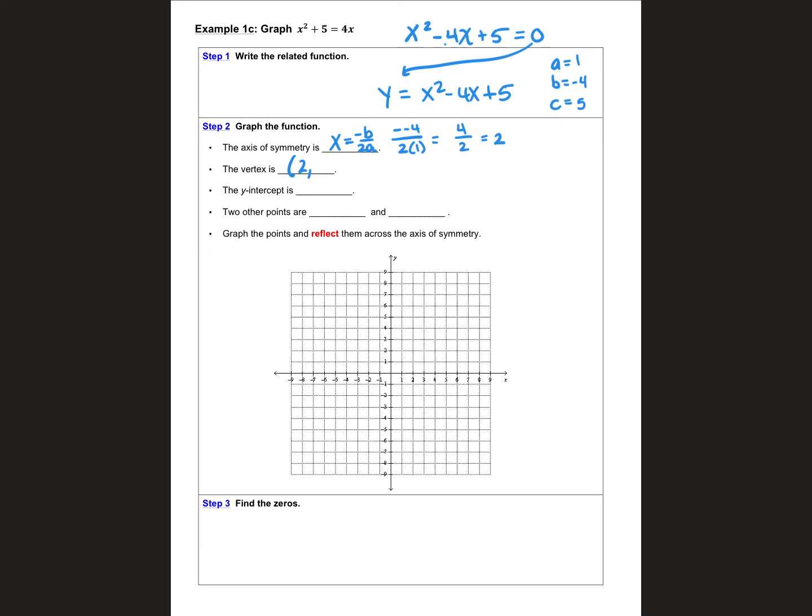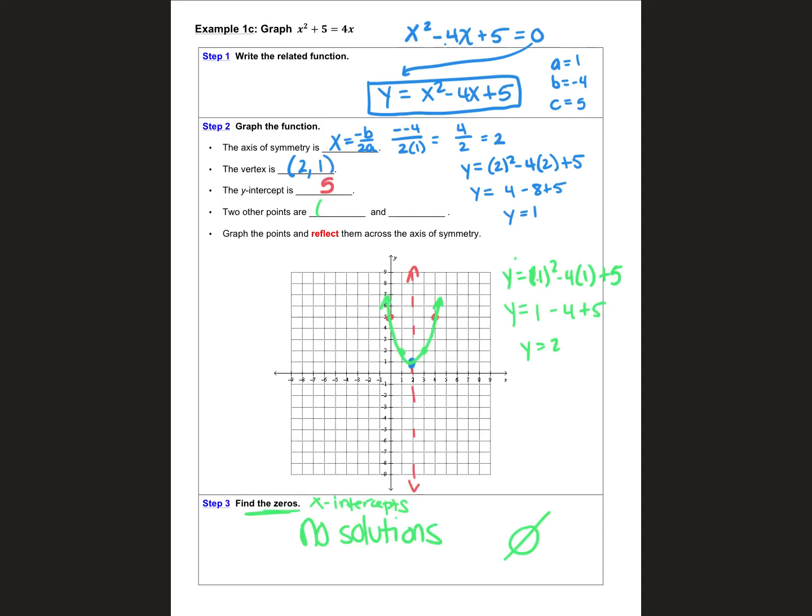I'm going to plug that back into the related function, the one that we put in standard form. So the y equals x squared, so 2 squared, minus 4x, so 4 times 2, plus 5. We calculate this either in your calculator or with your brain, and you get y is 1. So 2, 1.